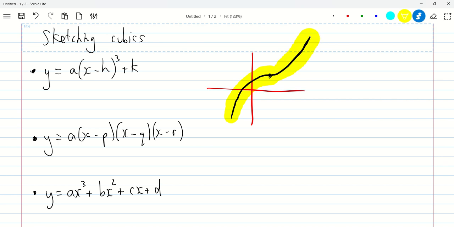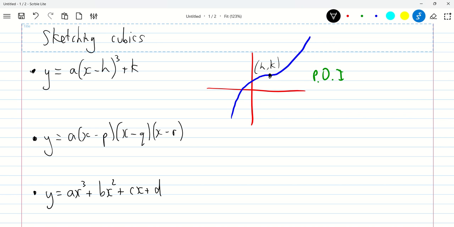In maths, we call that a point of inflection. Inflection means that the change of gradient stops going one way and starts going the other way. And that point of inflection, if you've got turning point form, is going to be (h, k).